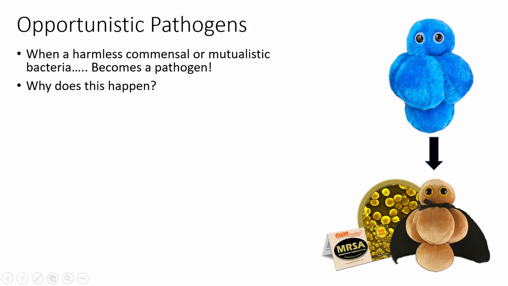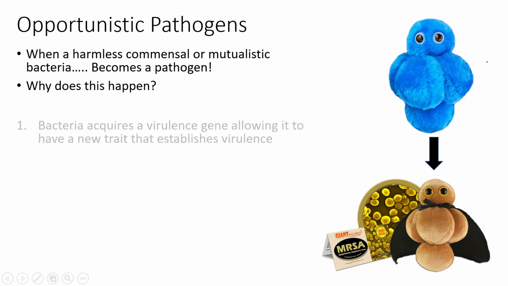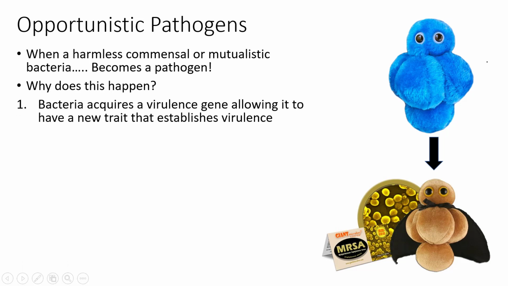How does that happen and why does that happen? Well, if you remember, when we studied the genetics of microbes, we learned that many bacteria can acquire a virulence trait through horizontal gene transfer. So this could occur through, remember, either transformation, where the bacteria can take up foreign DNA from its environment, or it could be direct transfer through conjugation.